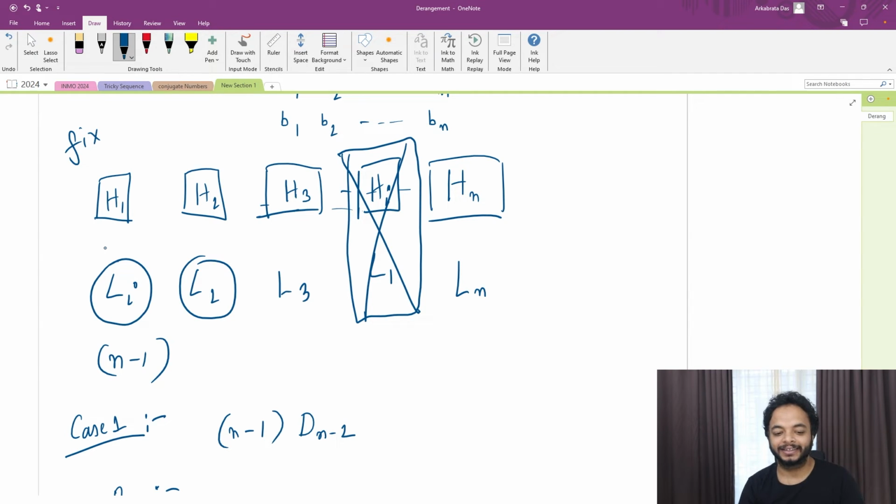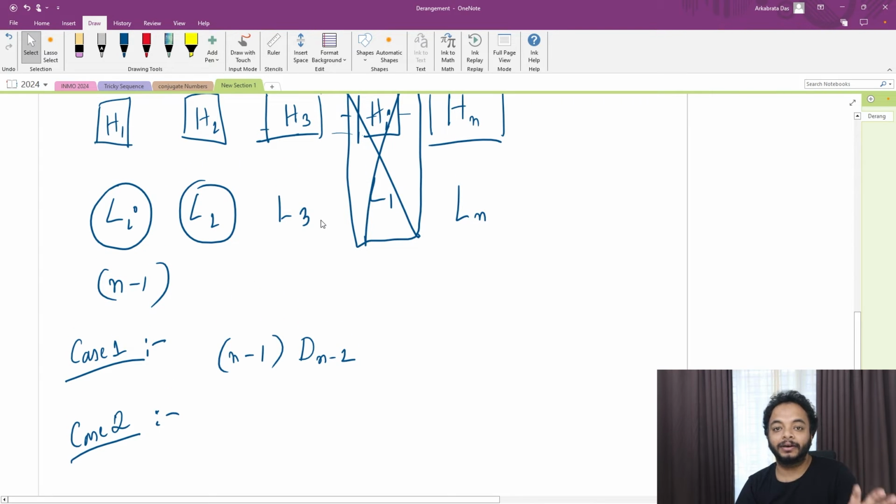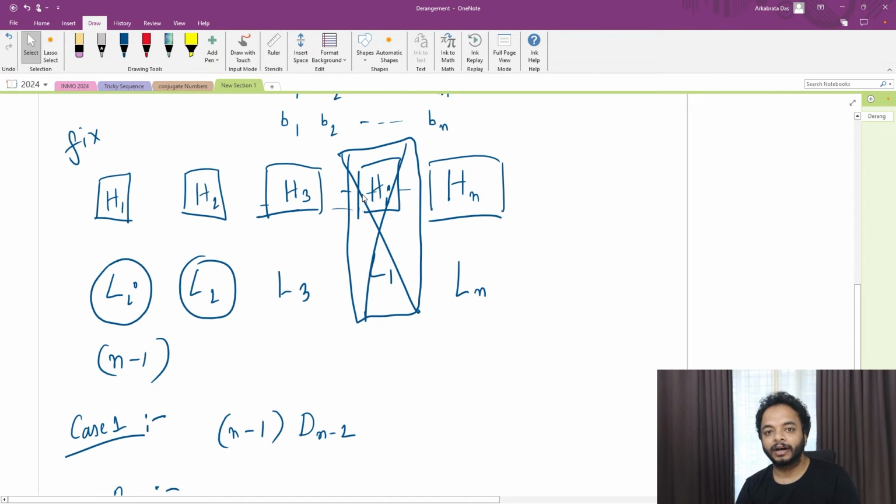So that's why this can be done, and first, the ith house has n minus 1 choices again. Now whichever be that ith house, its corresponding letter won't go to house 1.